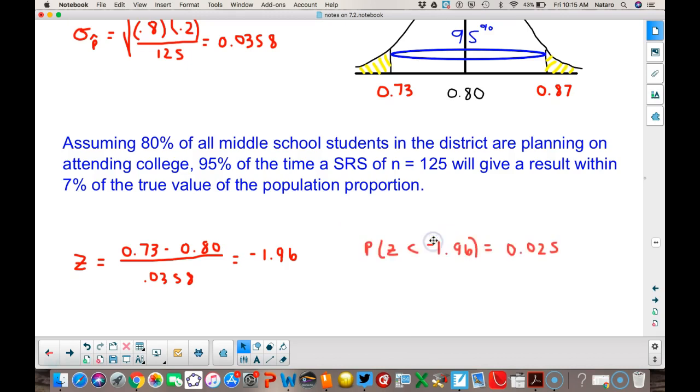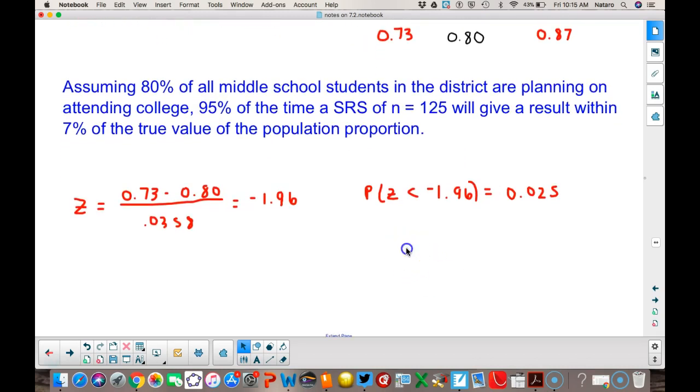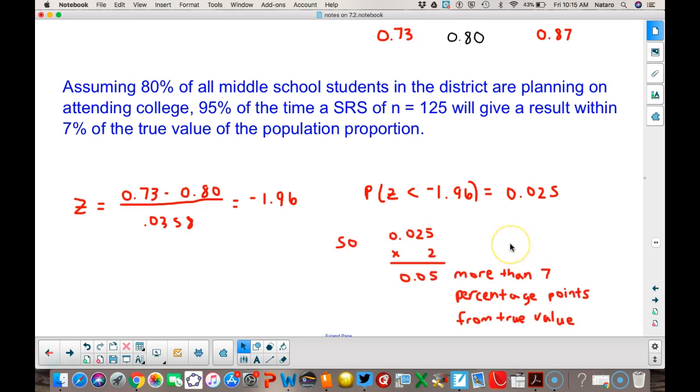If we look up the probability on the table, the area in this tail is about 2.5%, so the area in both tails combined would be 5%. So 5% of the time we'd be more than 7 percentage points from the true value, and 95% of the time we'd be within 7 percentage points of the true value.